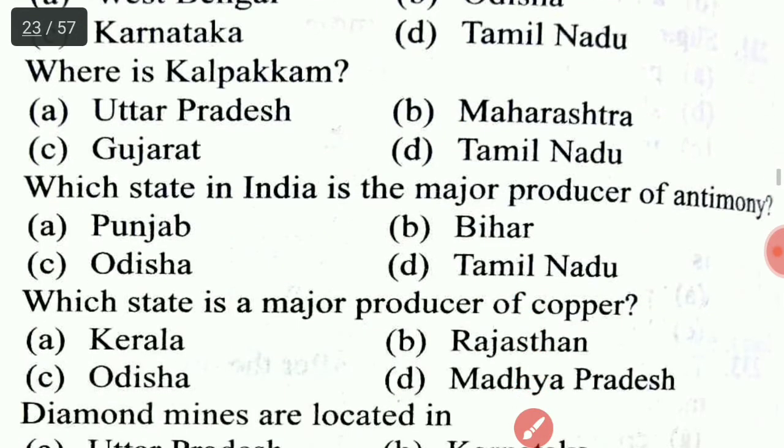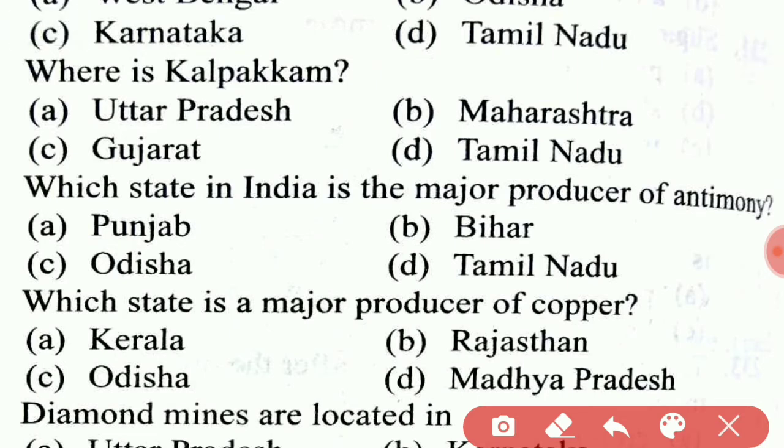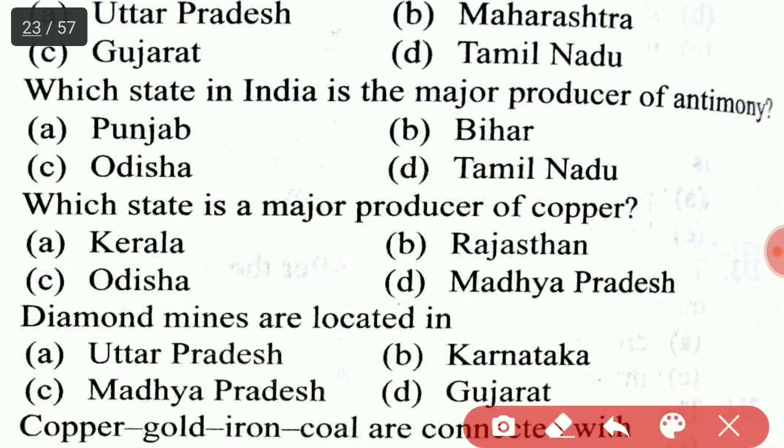Next, which state in India is the major producer of antimony? That is option A, Punjab. Next, which state is a major producer of copper?